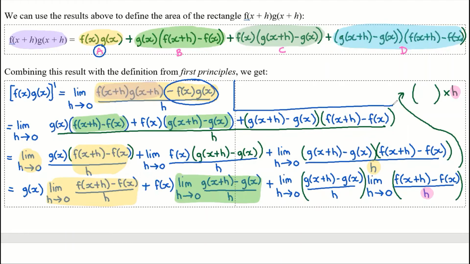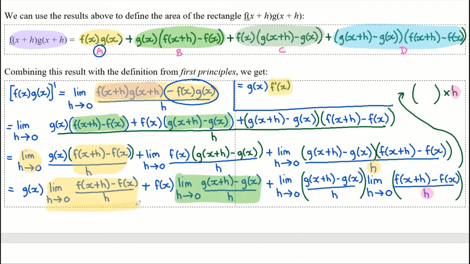So where are we up to? For the final step, for the whole thing, we have got g of x multiplied by f dash x. The f dash x corresponds to all the yellow stuff that's multiplying the g of x all the way down here.